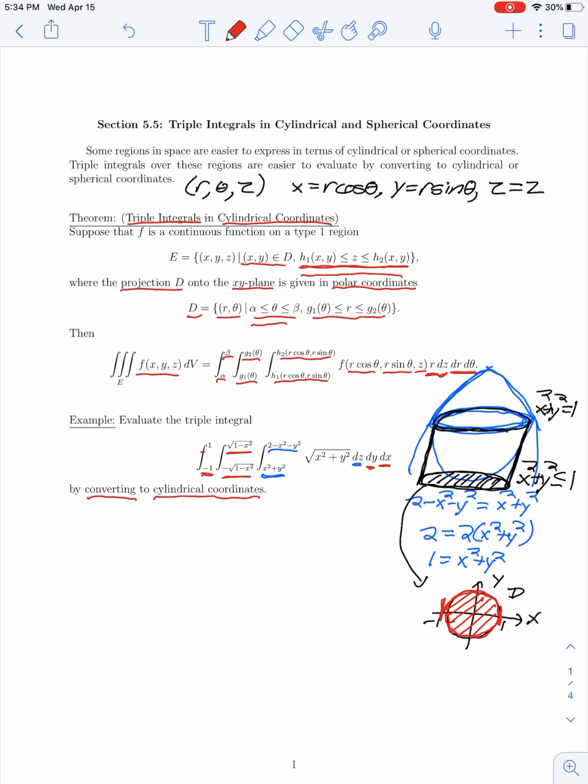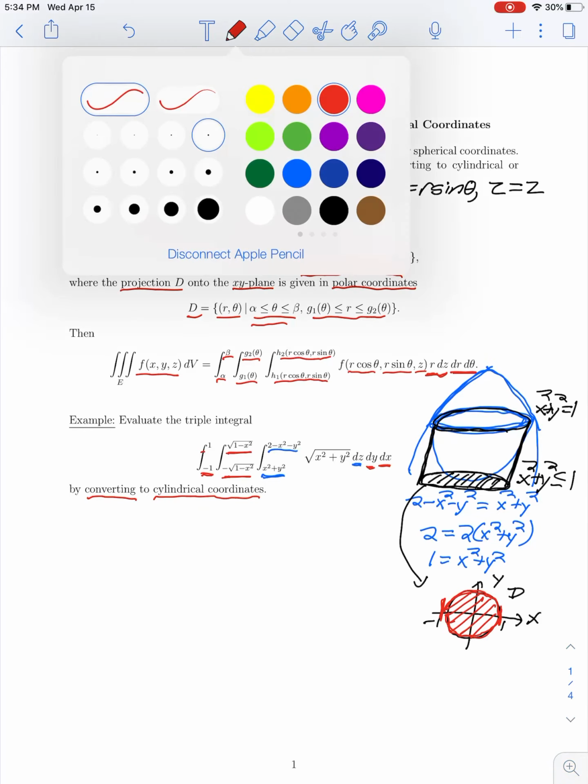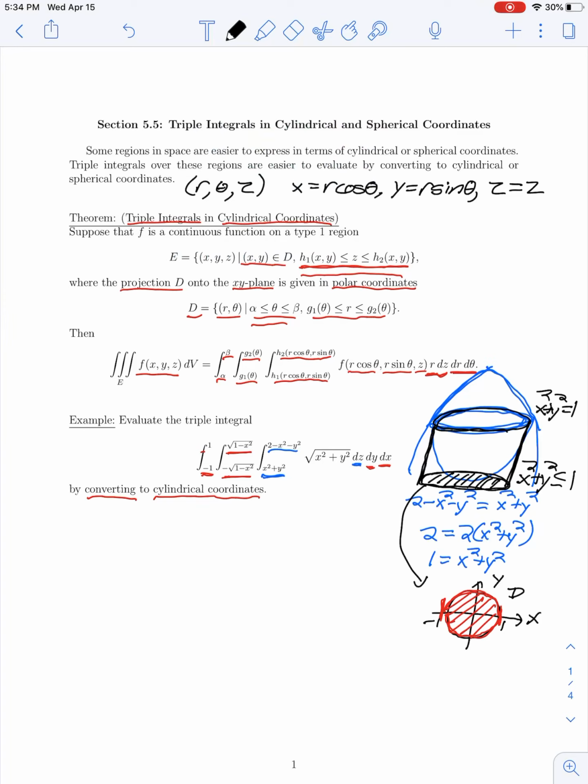Since our plane region D is a disk, it could be pretty easily described in terms of polar coordinates. So let's express this in terms of cylindrical coordinates. Our outermost integral with respect to theta would range from 0 to 2 pi, since we're integrating over the full disk, a full 360-degree or 2 pi radian rotation.